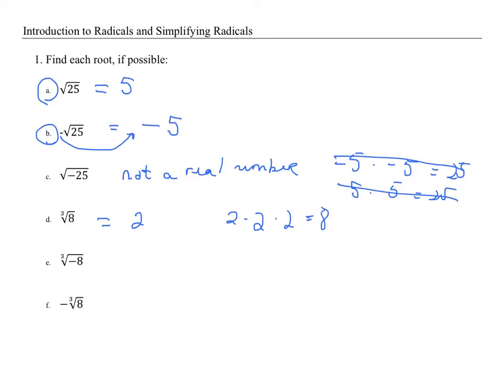Well, turns out there is a real number, and it's negative 2, because negative 2 times negative 2 times negative 2 is negative 8, so we're psyched. And F is similar to letter B in that I negate, do the cube root of 8, and get 2. So it's the same result as E.